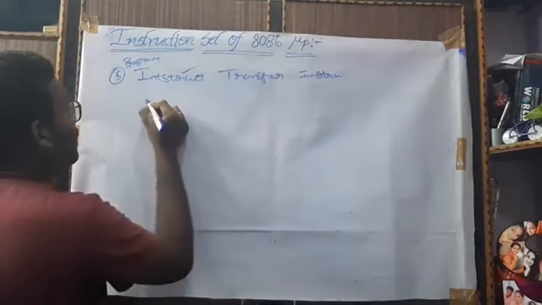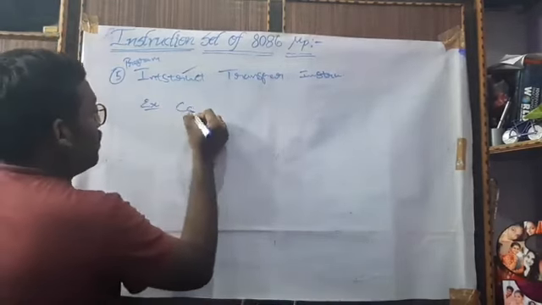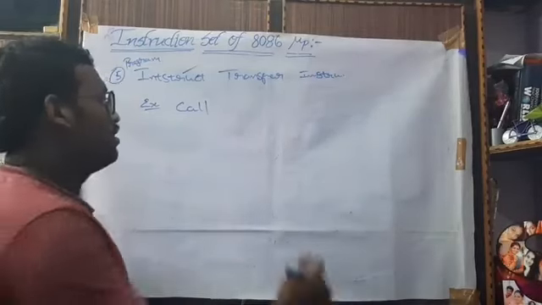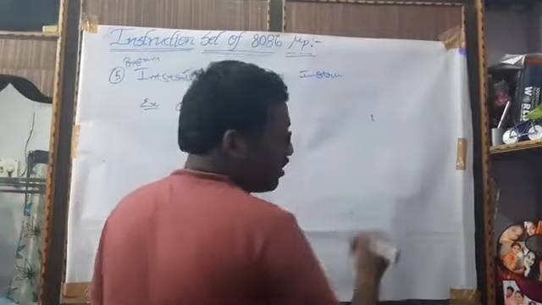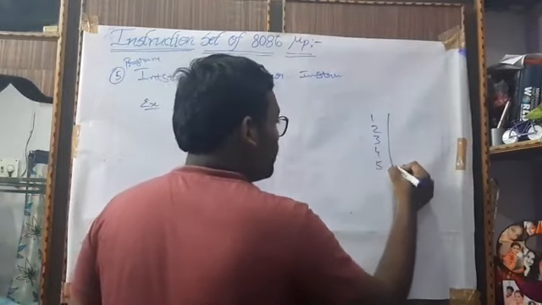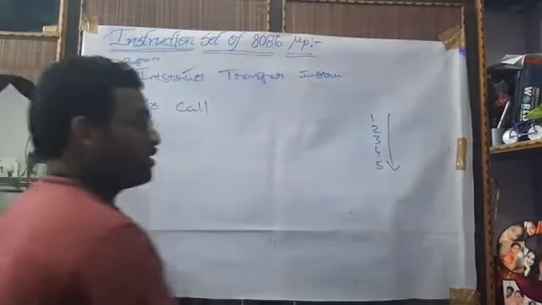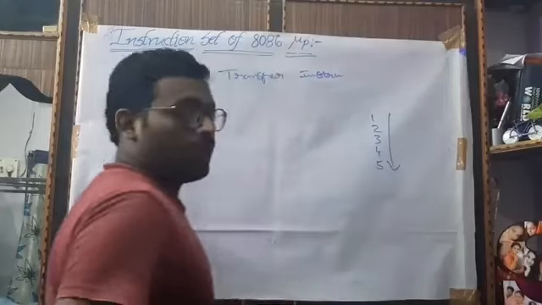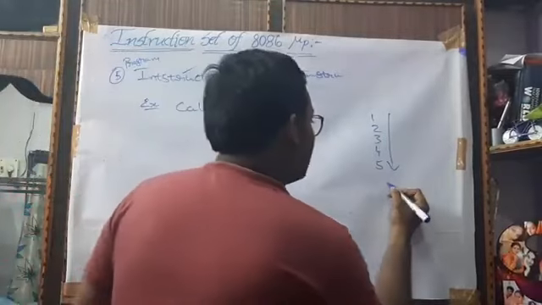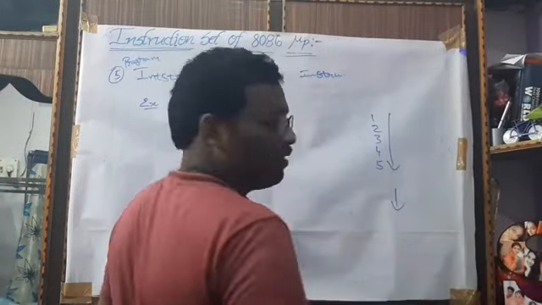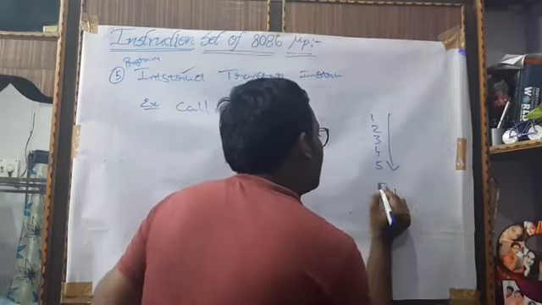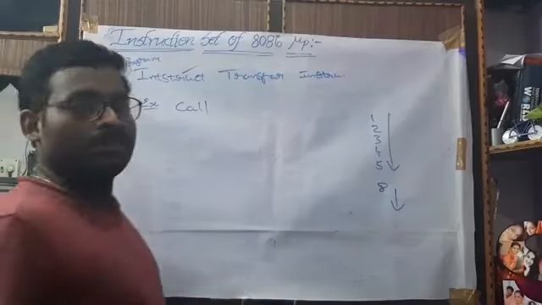These are examples. The call instruction means we are calling an instruction which is not in the sequence 1 2 3 4 5. This is the sequence of execution. So suddenly the processor wants to call another instruction which is in another location, so the processor control jumps to that other instruction, which is at 8.